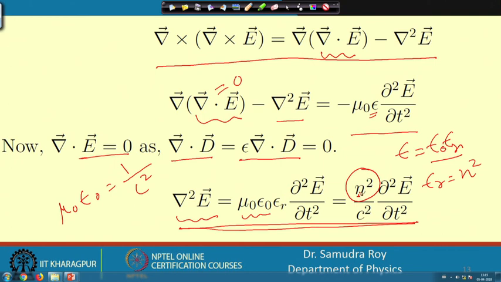So, this equation is Maxwell's wave equation, but not in a free medium, inside a medium. We are going to use this equation extensively in our future classes, because nonlinear optics does not appear in free space. Some medium is required, so this equation is very important for us.